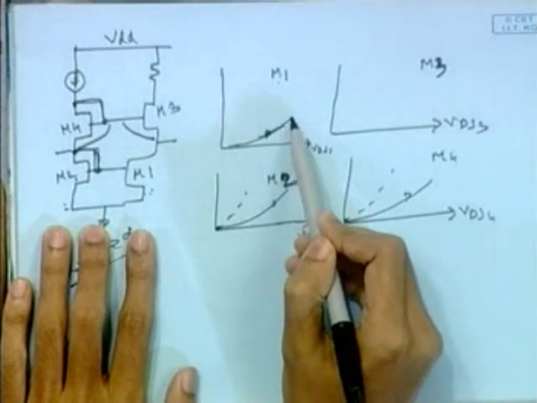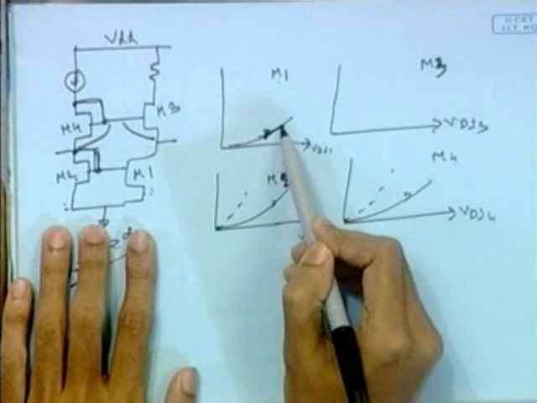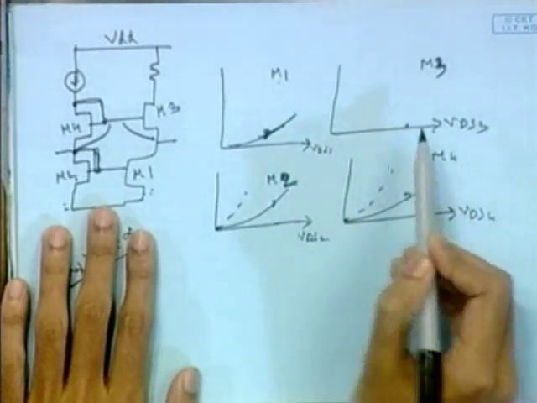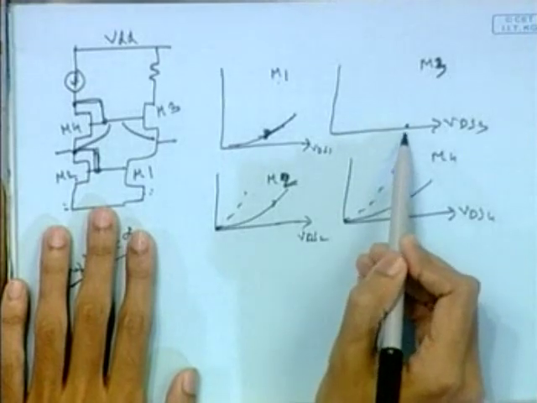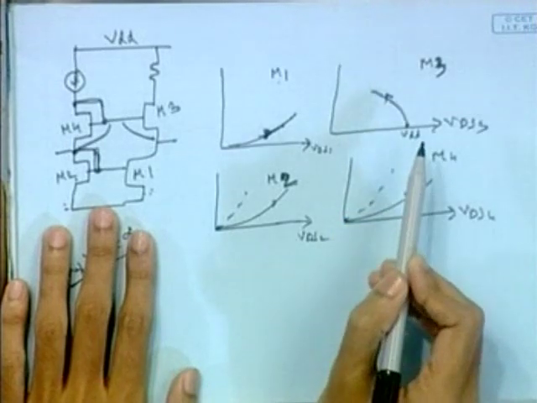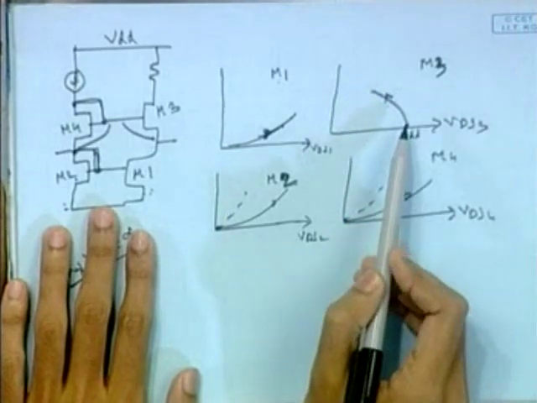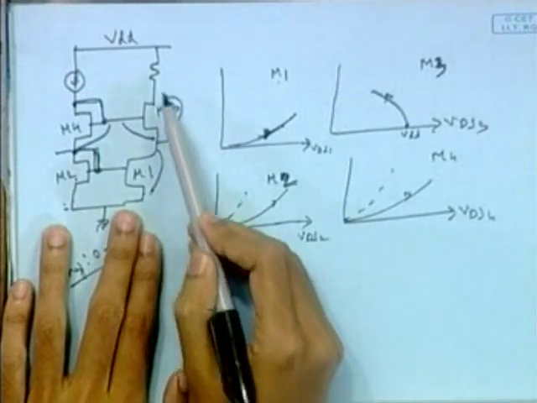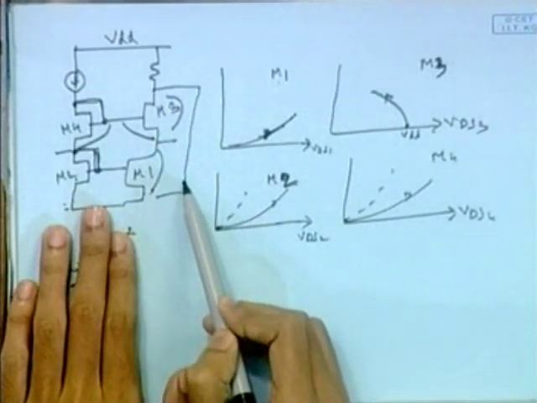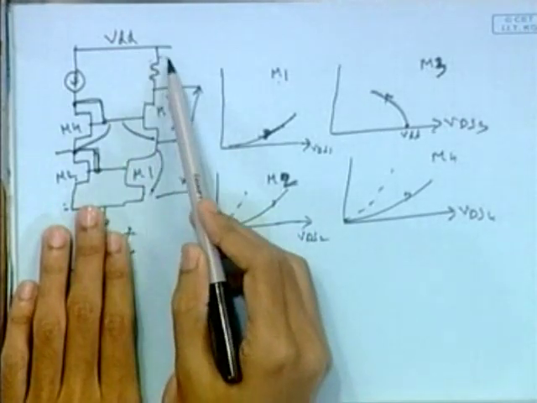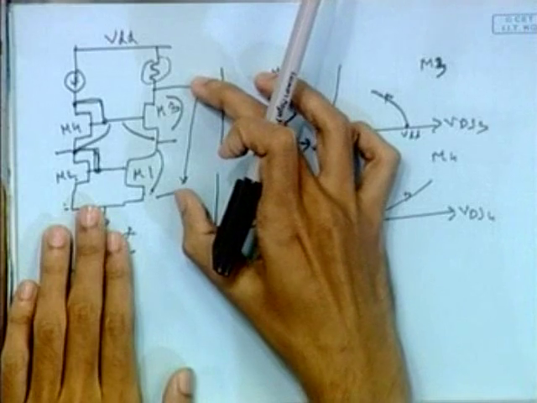So it will move along this, as it increases it will also increase, and this will start from some VDD and move along this line M3. So the voltage across this one will increase, this one will decrease, and the total will be decreasing, because as we are increasing current, more voltage will be dropped here, so less will be available for this.